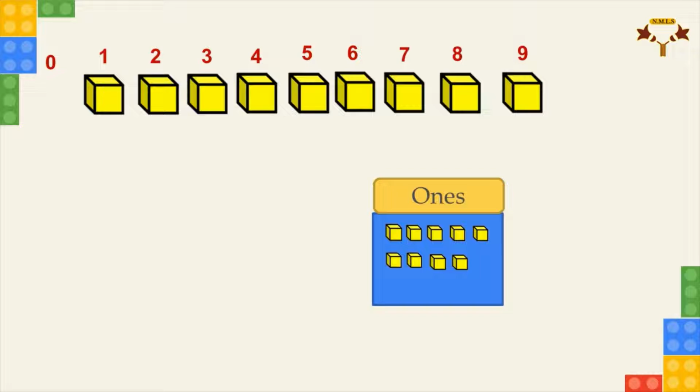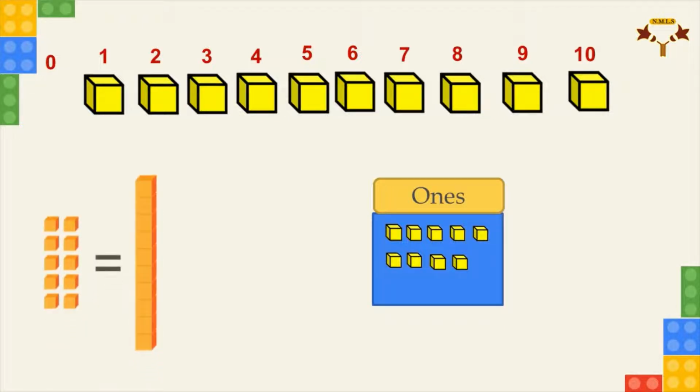Which place do I put them in? I put them in the ones. But if I have another square, now I have 10 squares. Excellent. Look here, I have 1, 2, 3, 4, 5, 6, 7, 8, 9, 10 squares.